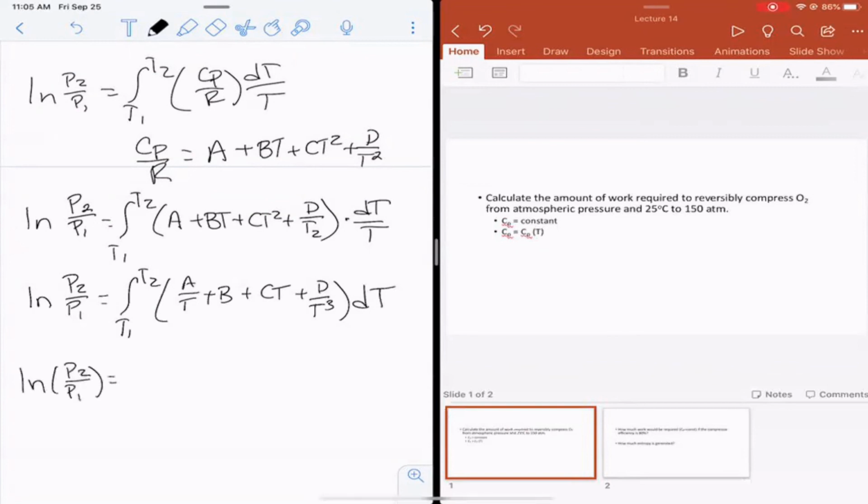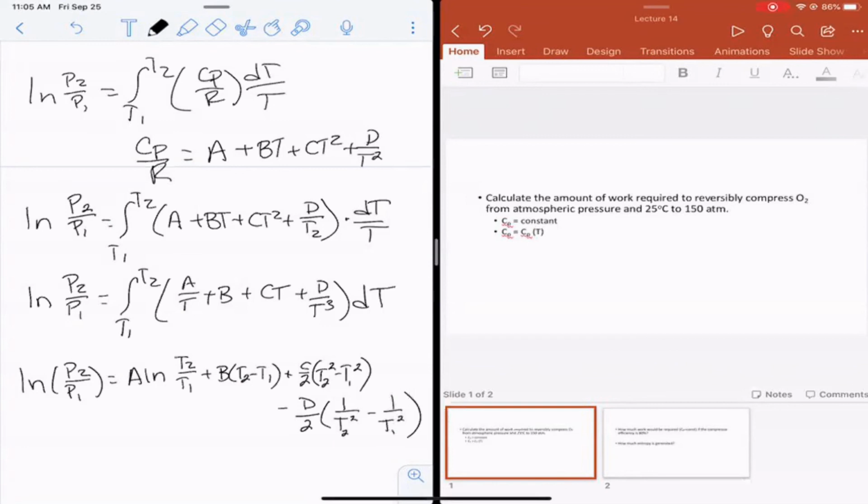So that's the natural log of P2 over P1 equals A times the natural log of T2 over T1 plus B times T2 minus T1 plus C over 2 times T2 squared minus T1 squared, then minus D over 2 times 1 over T2 squared minus 1 over T1 squared. Okay.